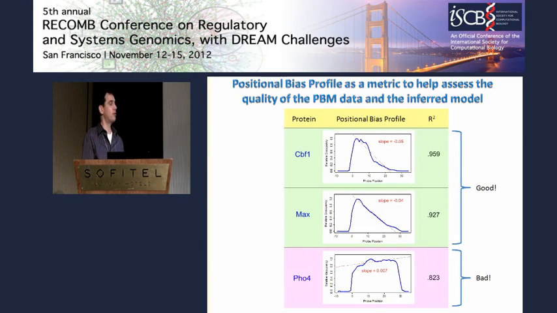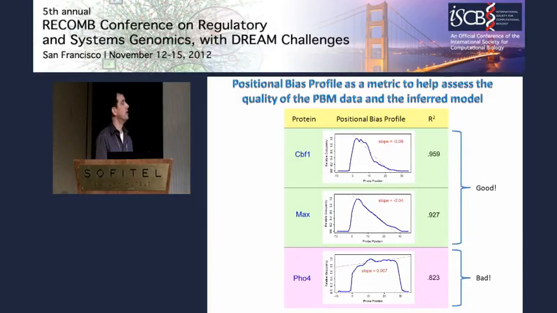They use microfluidics to measure KDs to particular binding sites. Here, these R-squareds compare to about 350 MITOMI KDs for these three proteins, CBF1, Max, and 4,4, which are members of the bHLH family.